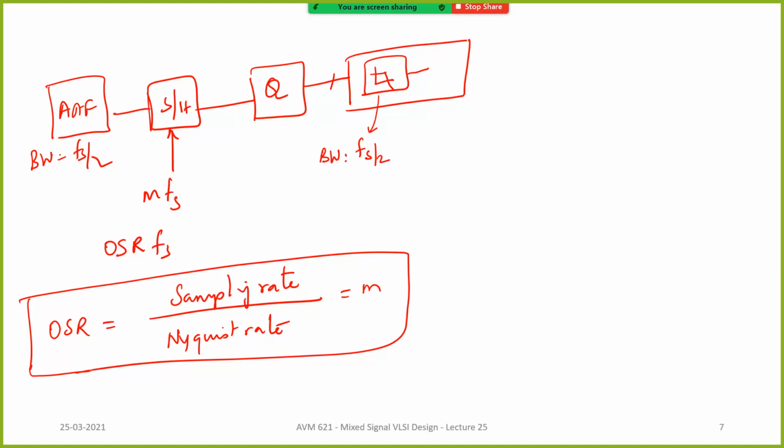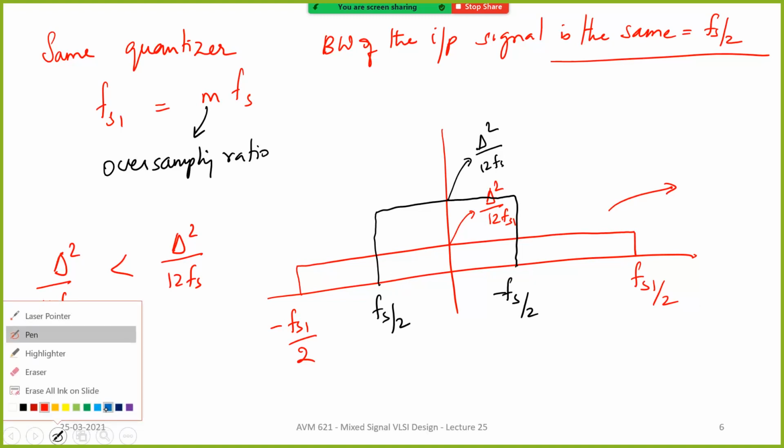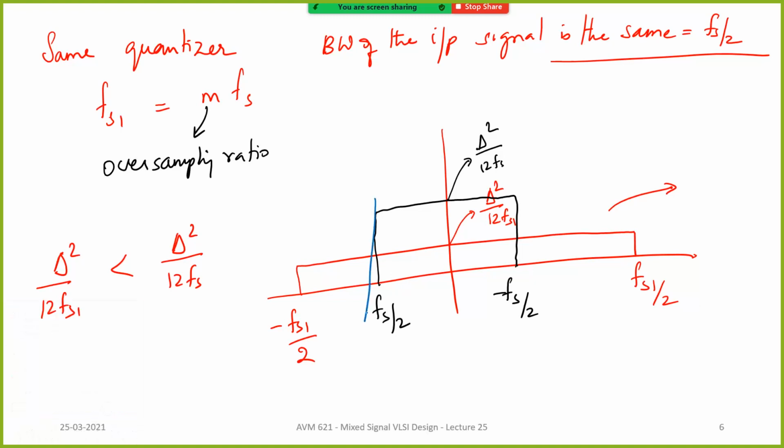I'm quantizing it, and after quantization I'm using a digital low pass filter, an FIR or IIR filter, to take only this part. Now, do you think I have an advantage or not?